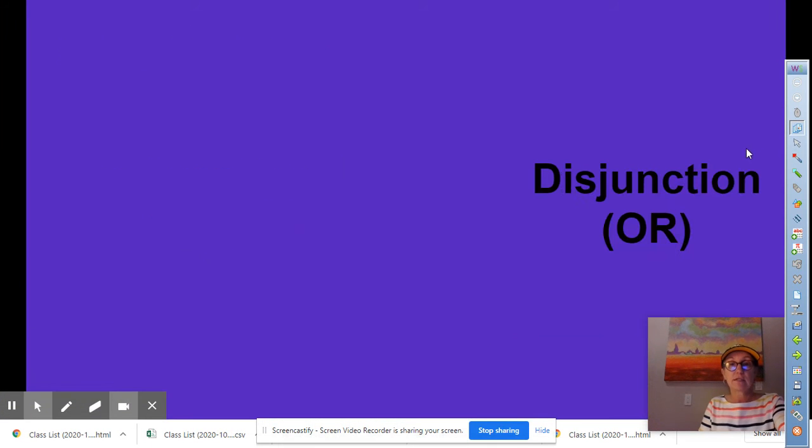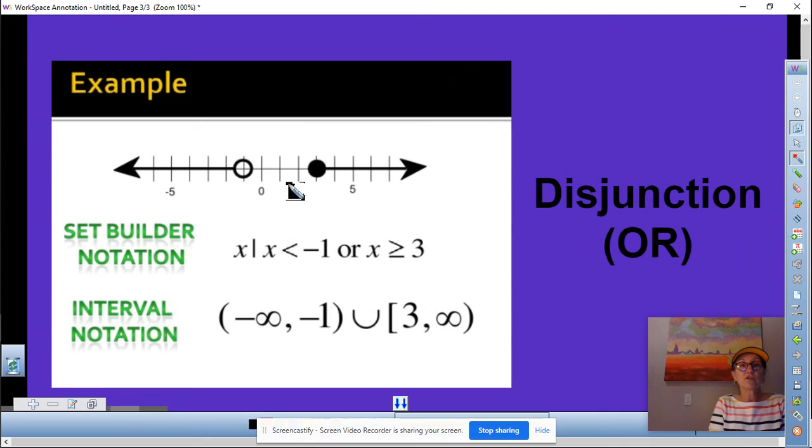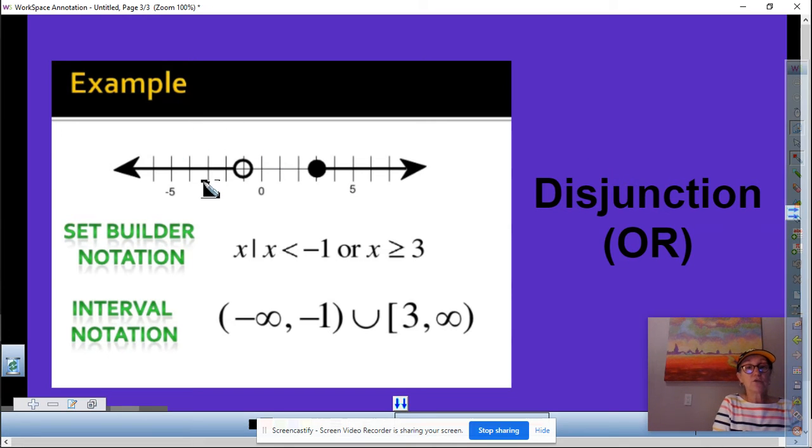Now let's look at a disjunction with the or statement. These are going in two different directions. On this one, I'm going to show that, and we've got a new symbol coming in here. This is the infinity symbol. It's the 8 that fell over, right? So it goes to infinity.